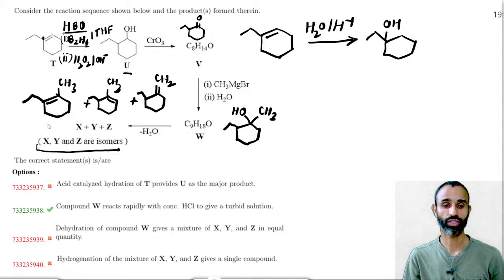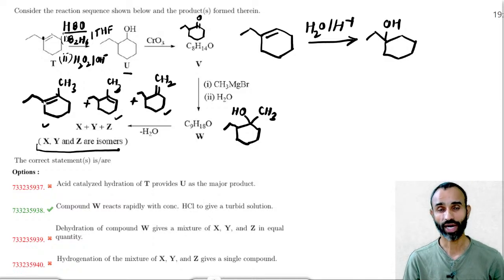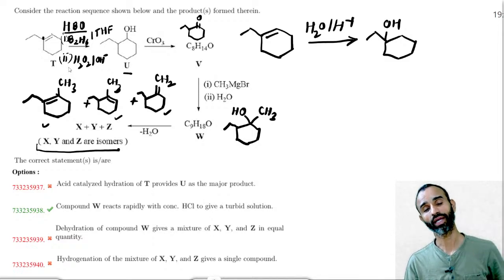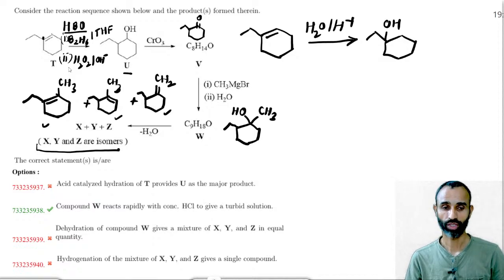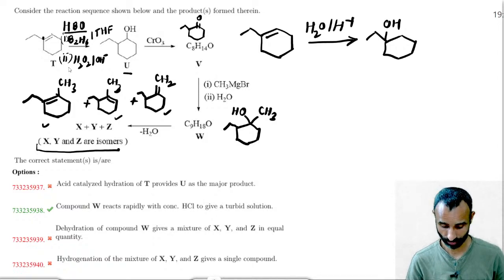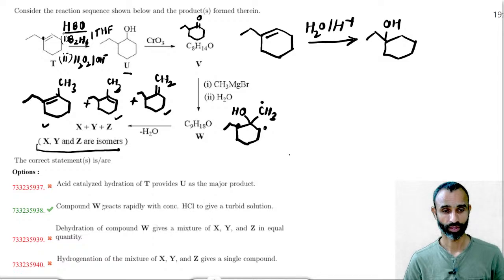Most stable is the first one, then this one and that, because here it is the more alkylated alkene. According to Saytzeff rule, the more alkylated alkene is more stable. So these are the three isomers formed because there are three types of beta hydrogens: 1, 2, and 3.